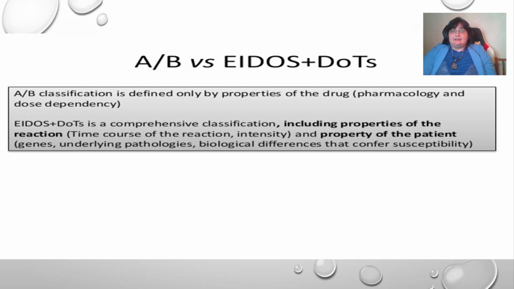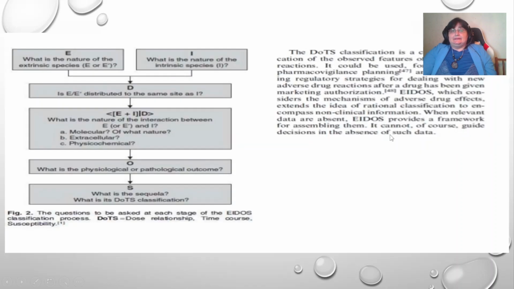The AB classification is defined only by properties of the drug. It can be pharmacology and dose dependency. EIDOS plus DOTS is a comprehensive classification, including properties of the reaction, time course of the reaction, intensity, and properties of the patient, genes, underlying pathologies, and biological differences that confer susceptibility.